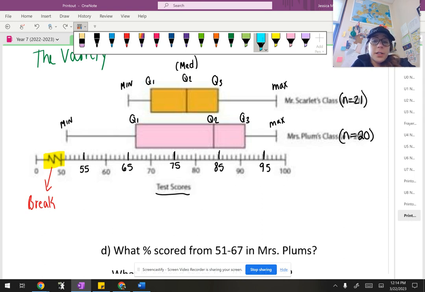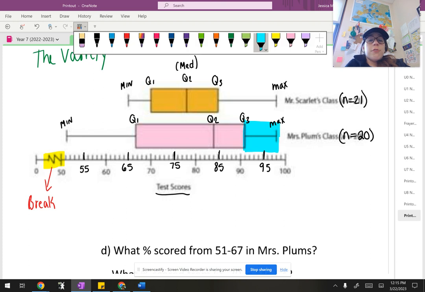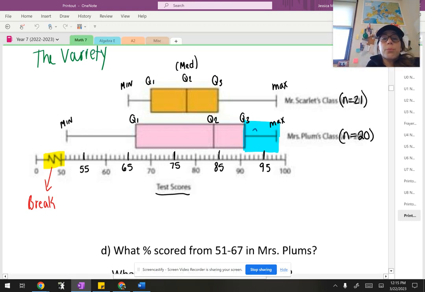Above a 91. 91 starts right about here, and above that would be from here to here. So what percentage is that? From Q3 to the maximum. Remember, each one of those sections, each one of those groups that we're breaking it up into is representing 25%. So what percent scored above 91? 25%.